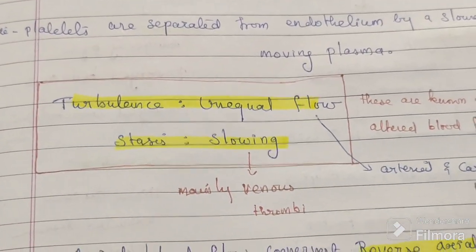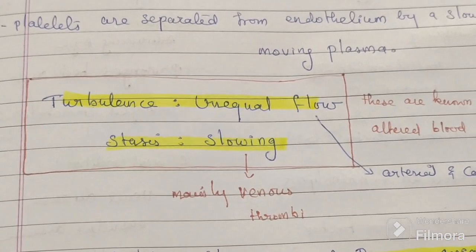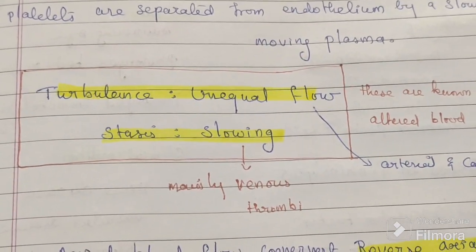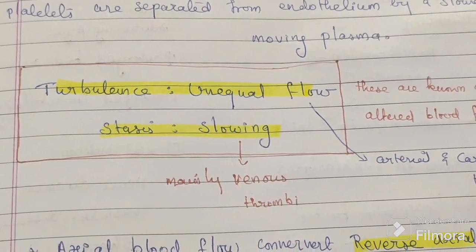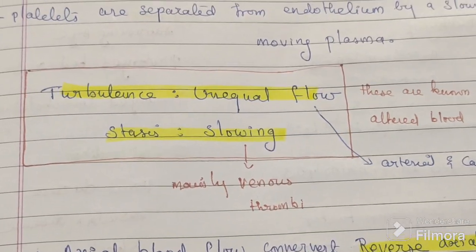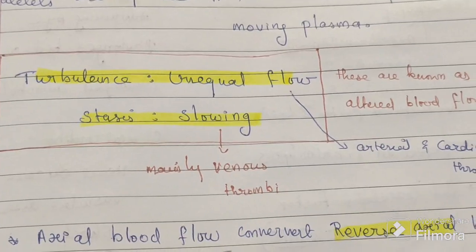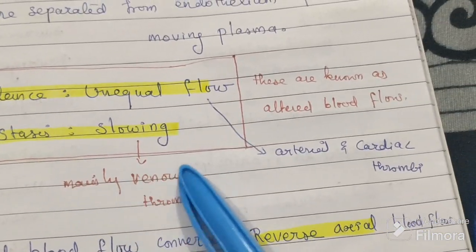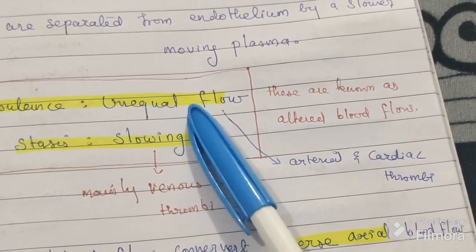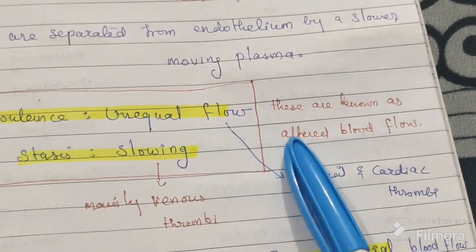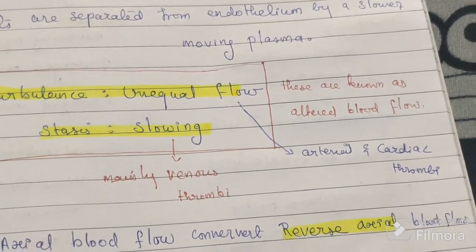Turbulence is mainly the reason for thrombosis in arteries. Stasis is the reason for thrombosis in veins. So this one is arterial, this one is vein.